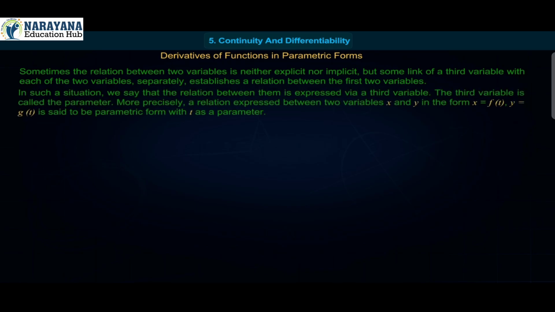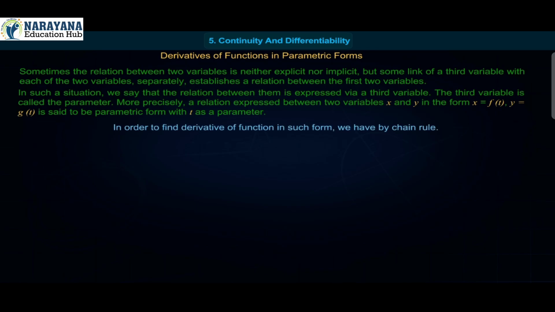In such a situation, we say that the relation between them is expressed via a third variable. The third variable is called the parameter. More precisely, a relation expressed between two variables x and y in the form x = f(t), y = g(t) is said to be parametric form with t as a parameter.